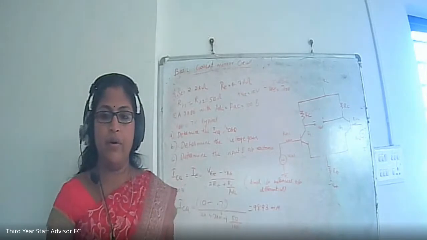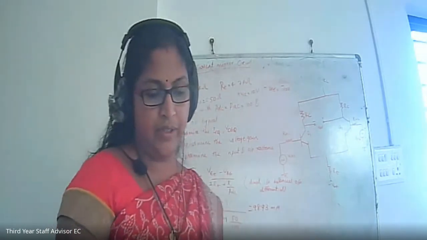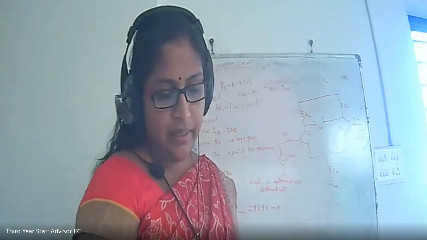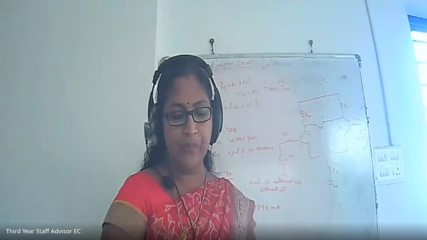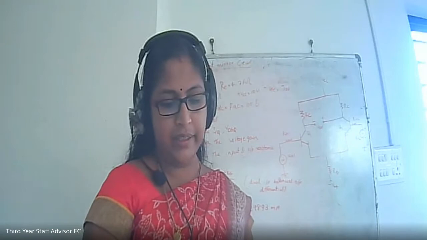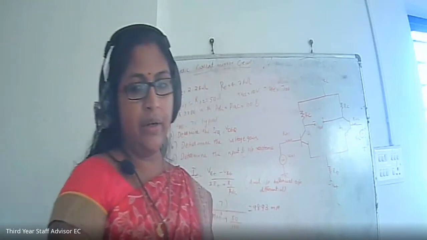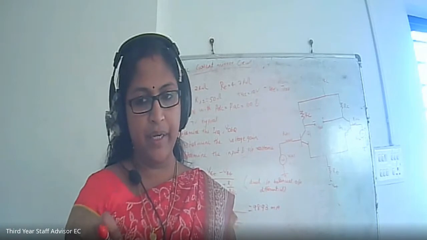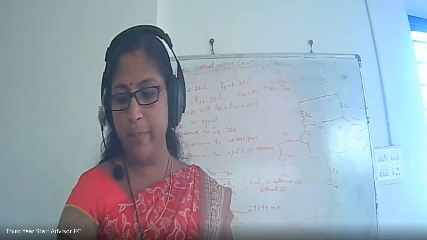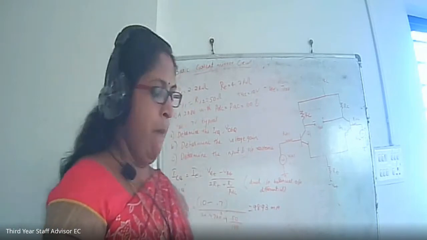Next, we have the value of ICQ. Next, what is our question? Next is VCEQ determination. VCEQ is quiescent collector to emitter voltage. So that also has an equation. Actually, we obtained this equation by applying KVL, and you can apply the same KVL rule here.